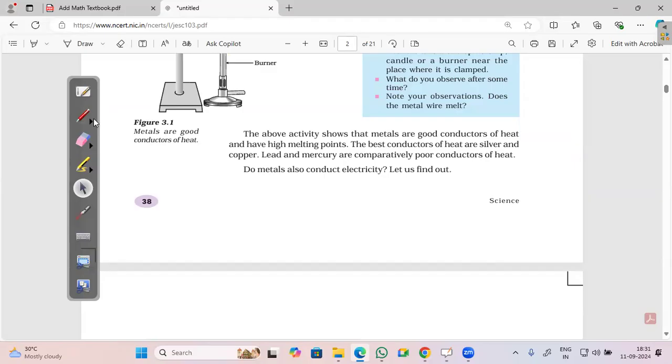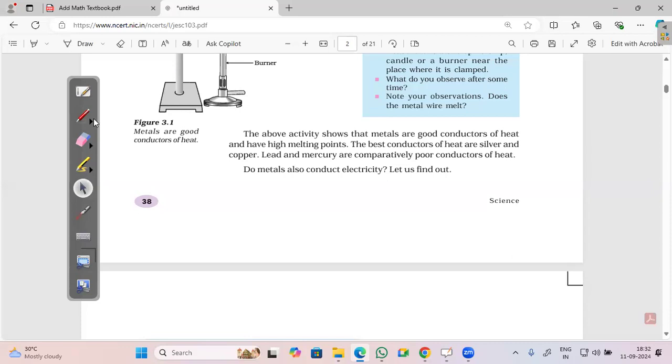A non-metal which is hard. What about gallium and cesium? Cesium is a soft metal which belongs to the alkali group. Sir, we didn't talk about metals having high melting points and boiling points.